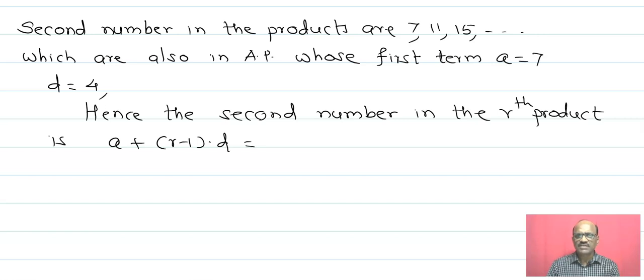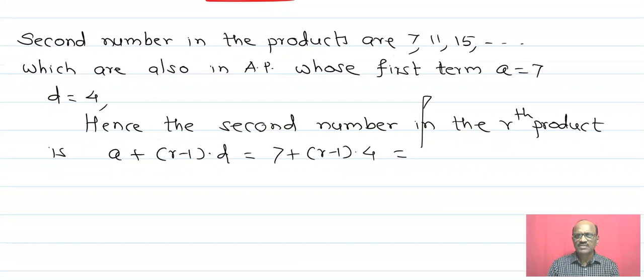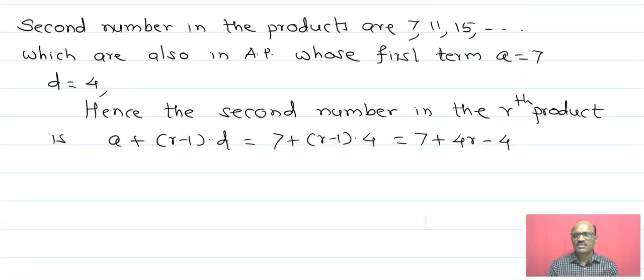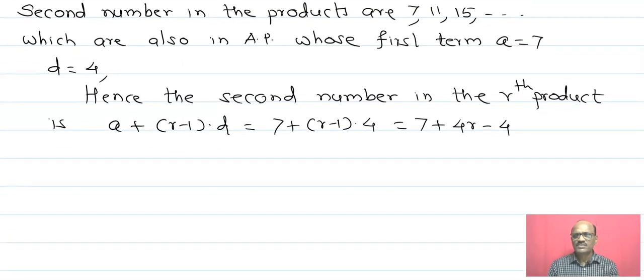The value of a is 7 plus r minus 1 into d. The value of d is 4. Therefore, it is 4r plus 3. It is 4r plus 3, and it can be written like this, that is 7 plus 4r minus 4, which is 4r plus 3.